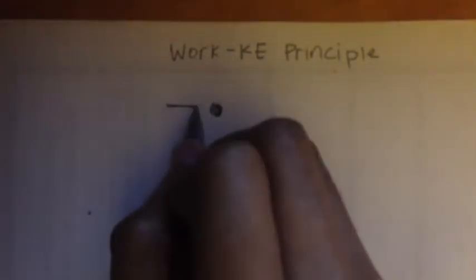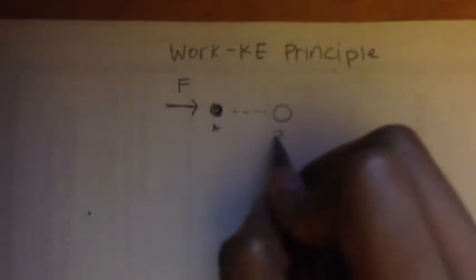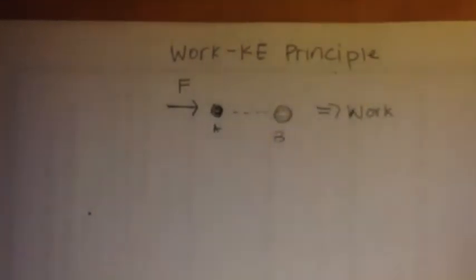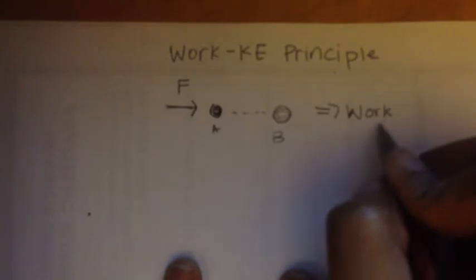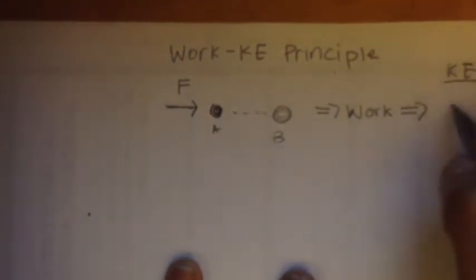Basically what it's saying is that if we have a particle and there's some force being applied to it, and that particle moves from point A to point B, of course that'll mean that there's some work going on here, and through that work the kinetic energy is either gained or is lost.